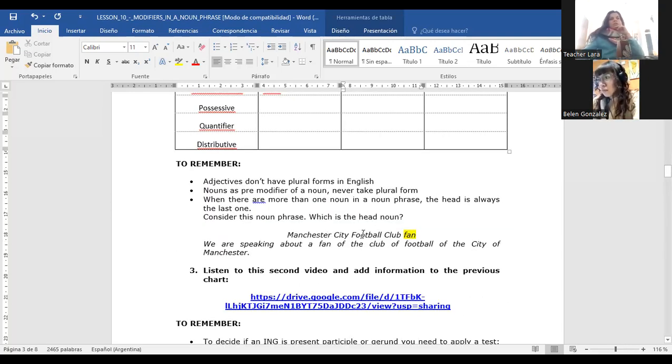We have Manchester City Football Club fan. We're speaking about a fan of the football club of the city of Manchester. The head noun in that case is fan, the person.